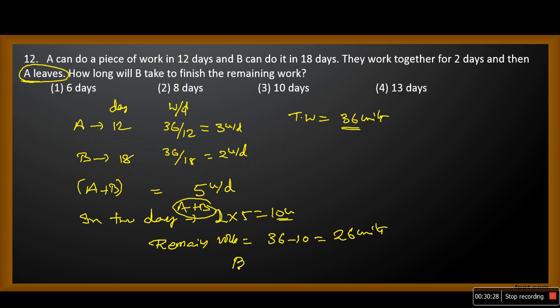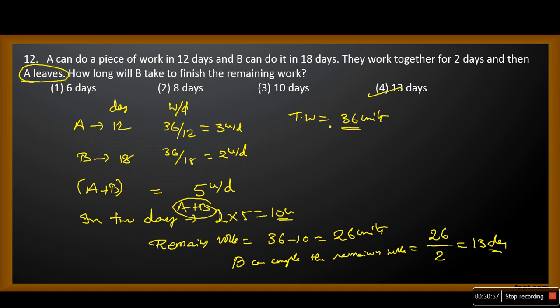What is the remaining work? 26. How many units is B doing per day? 2 units per day. So B will take 13 days to complete the remaining work. So the answer is option 4.